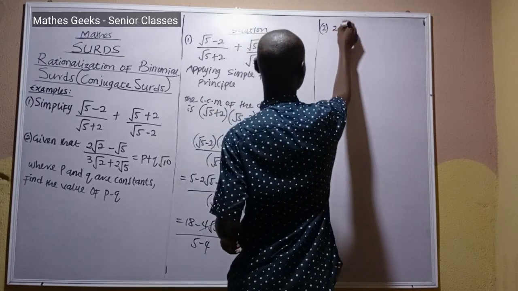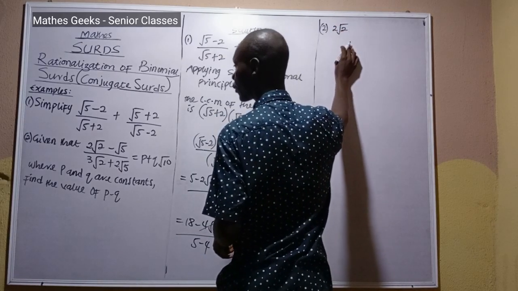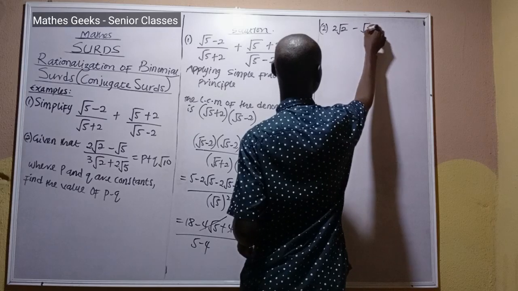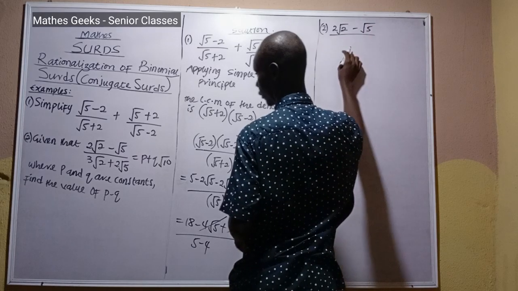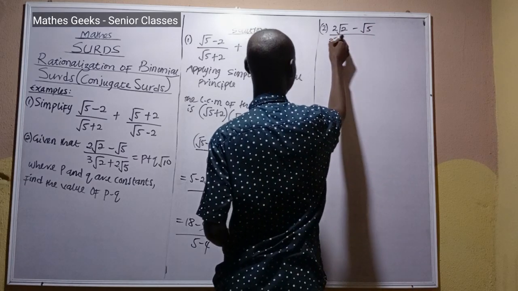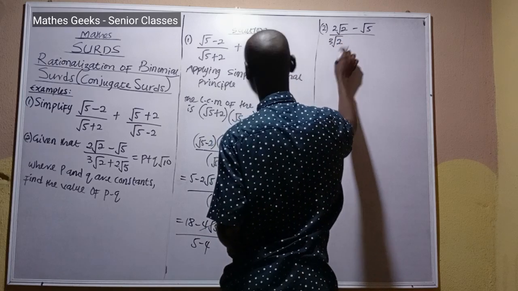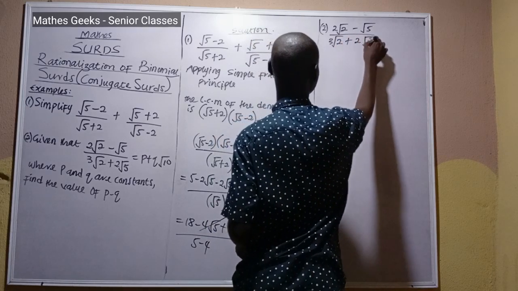Next, 2 root 2 minus root 5 over 3 root 2 plus 2 root 5.